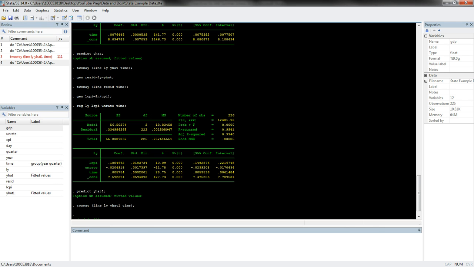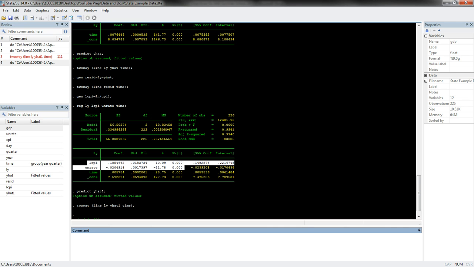However, we may be interested in wondering, does the addition of these two variables predict GDP more than just the time variable itself? So we want to run an f-test, not on all three, which is done right here, but on these two added predictors that we just added into our multivariate regression.